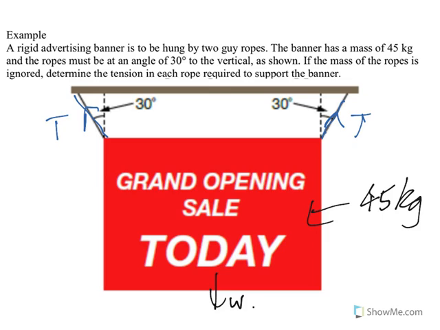Alright, so if we look at the tension forces, each of them has got a vertical component, and then there's a horizontal component. Those orange horizontal components are going to balance each other and it's not going to move sideways.